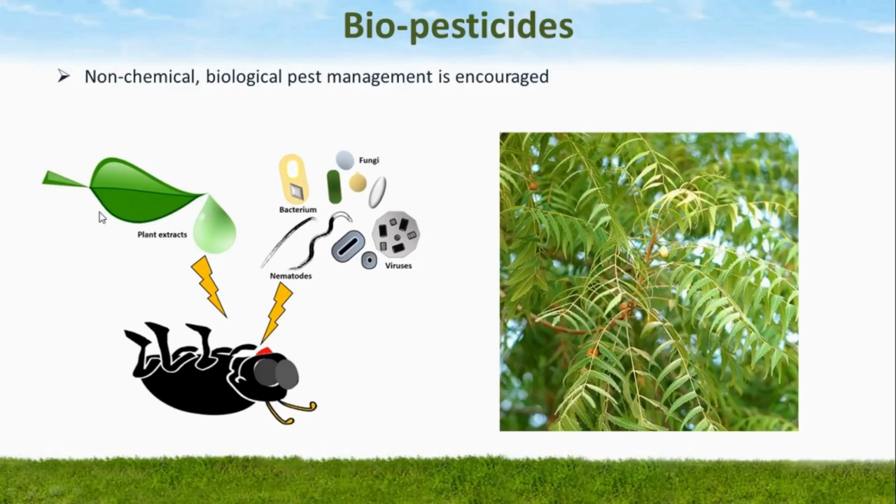Next component is biopesticides. In organic farming, chemical pesticides are not used for pest or disease management. Non-chemical biological pest management is encouraged. Natural enemies of pests are used to control or eliminate the pest. Botanical pesticides, those derived from neem, or microbial pesticides like Bacillus thuringiensis, commonly known as BT, are also used.